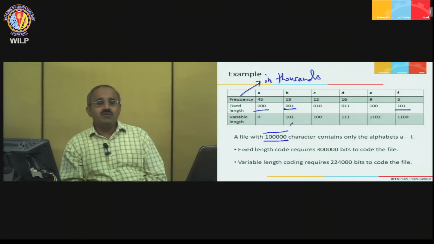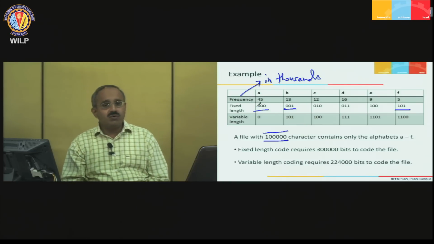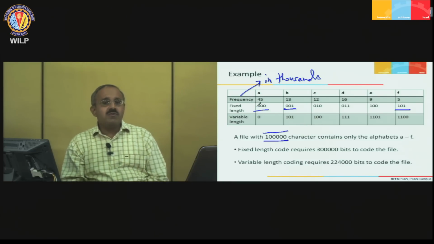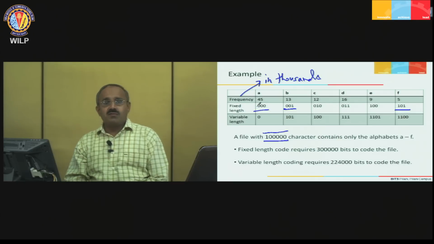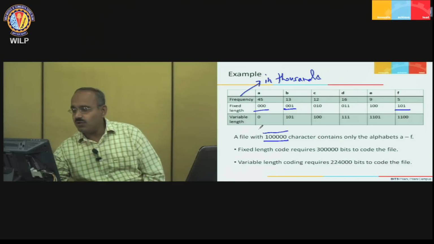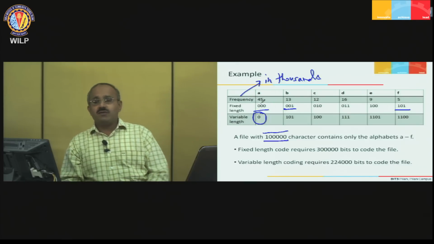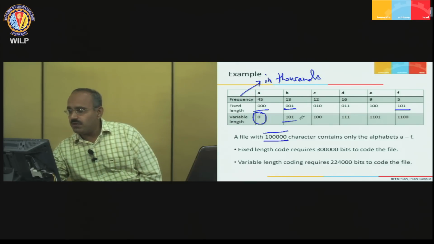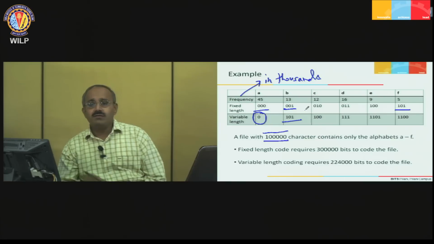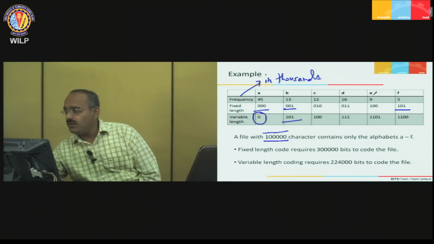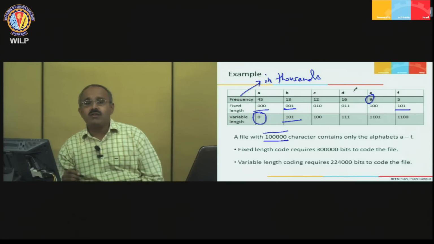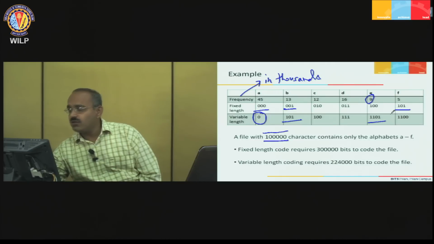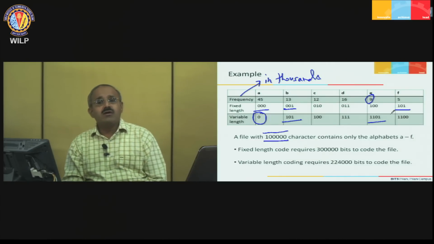Whereas, if we use a variable length coding, the one which is going to occur most is going to be represented by a bit string of smaller length. So, A is going to be represented by only a 0, whereas B is going to be represented by a bit string of length 3, and E is occurring only 9,000 times, so its bit string is going to be longer, which is going to have 4 bits in it.